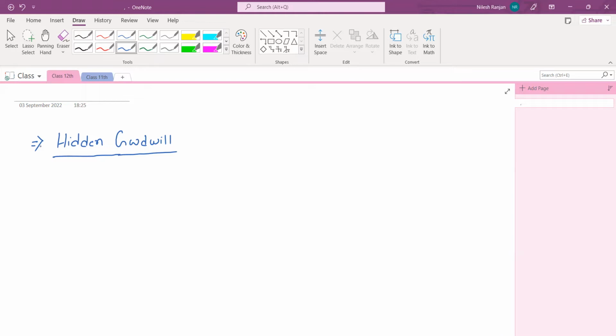Sir, total capital of the firm minus combined adjusted capital of all partners. Okay, good. So first, we have to calculate the total capital of firm by multiplying new partner's capital with reciprocal of his share.